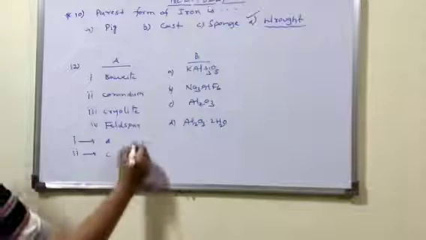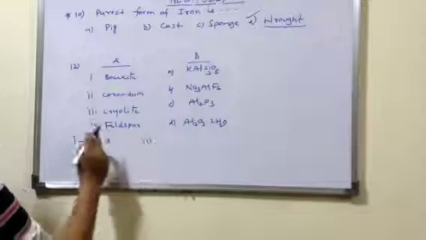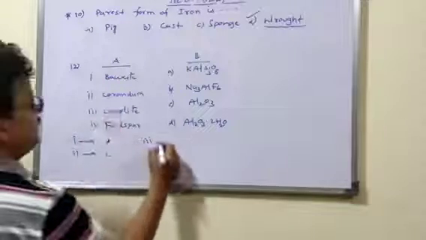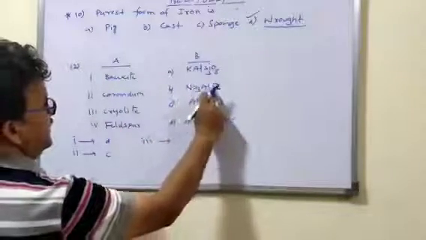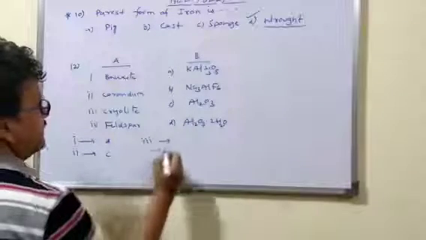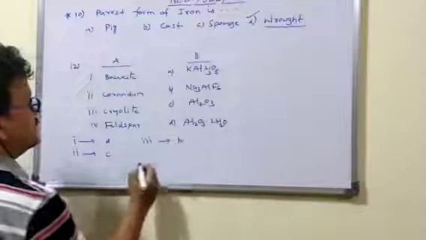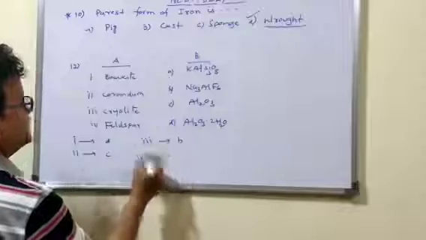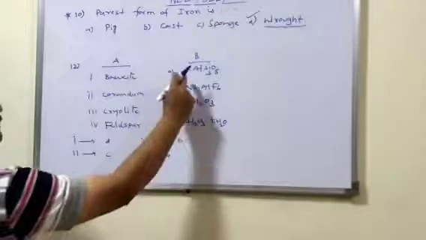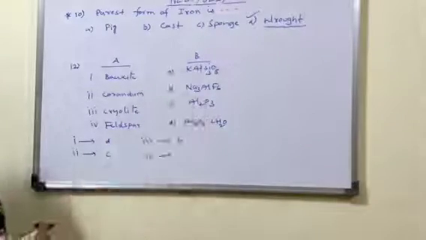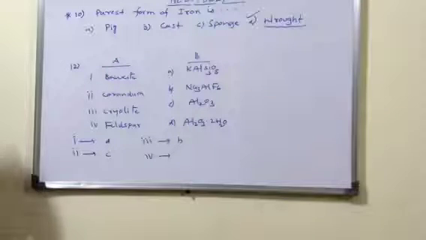And 3, cryolite, formula Na3AlF6. And 4, this is feldspar we are using in talcum powder also.